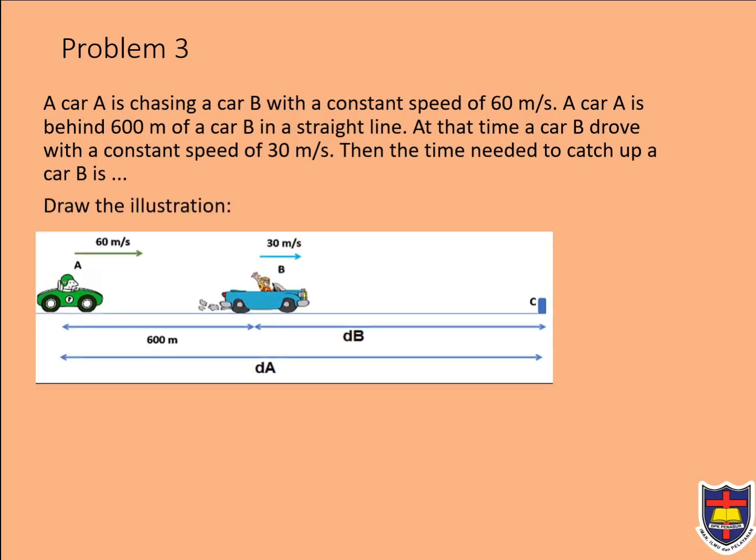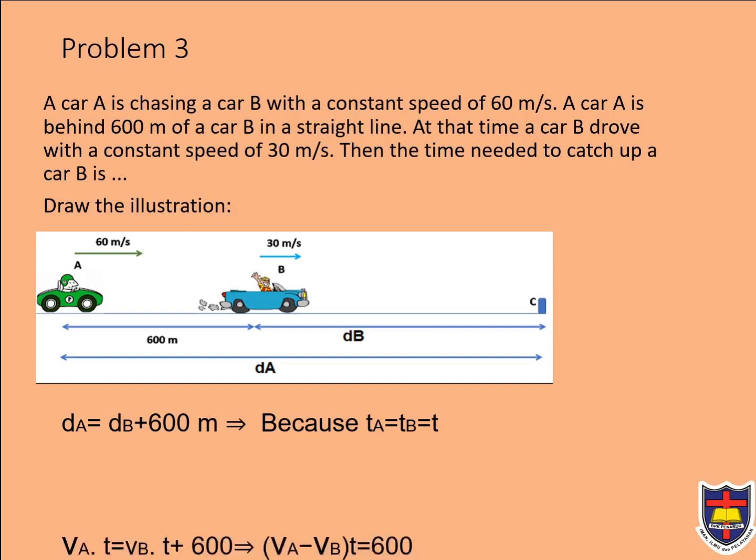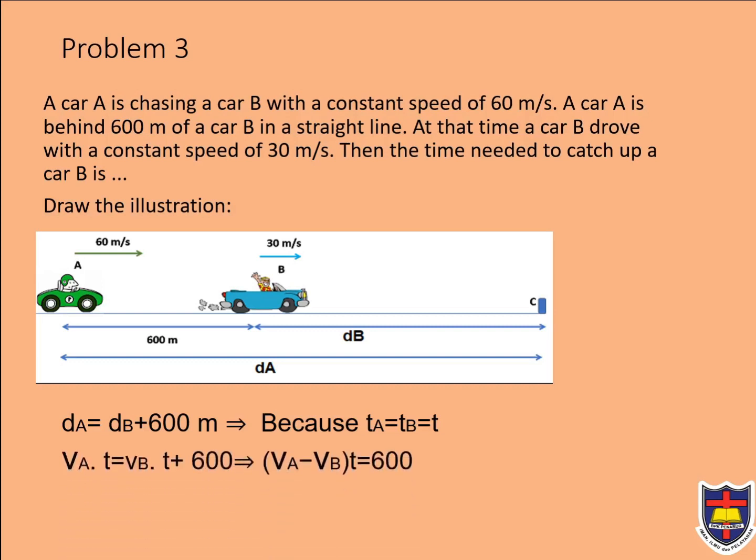The solution. The distance of car A to the final position C is dA. So dA equals dB plus 600 meters. Because the time of A equals the time of B equals t, based on the formula of UMSL, d equals vA times t equals vB times t plus 600, and move vB to the left.